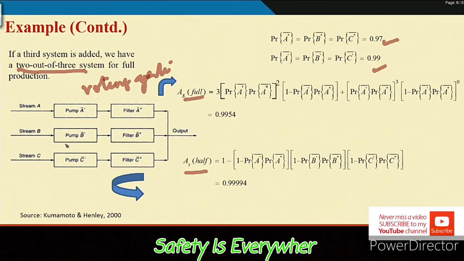So you can use the binomial theorem, what we discussed in the last class. Now using this, what are the combinations for AS full? It is basically the sum of 2 out of 3, so 3 choose 2 and some probability will be there, plus 3 choose 3 and the probability will be there.